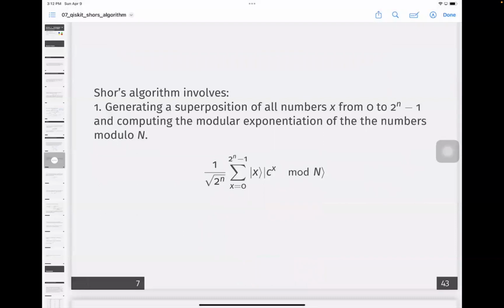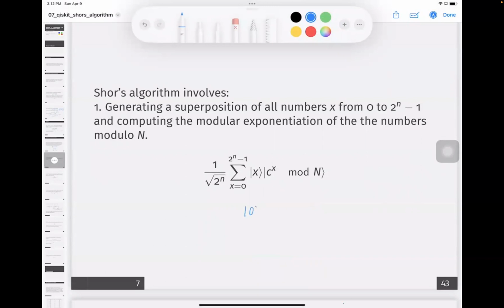We know that we have the input and output register, which are both initialized to 0. And then what we want to do now is apply the Hadamard transform to the input register.